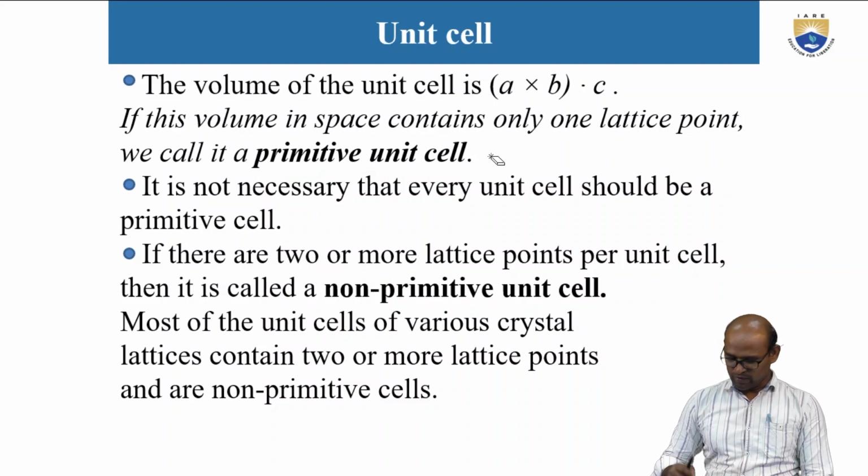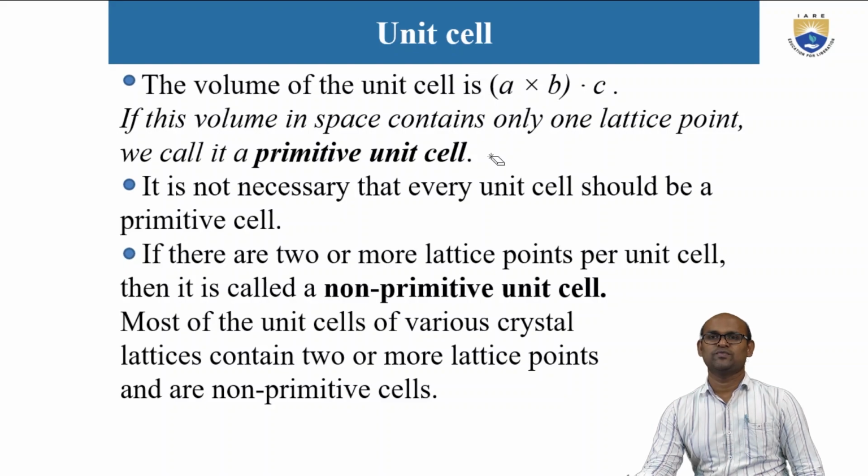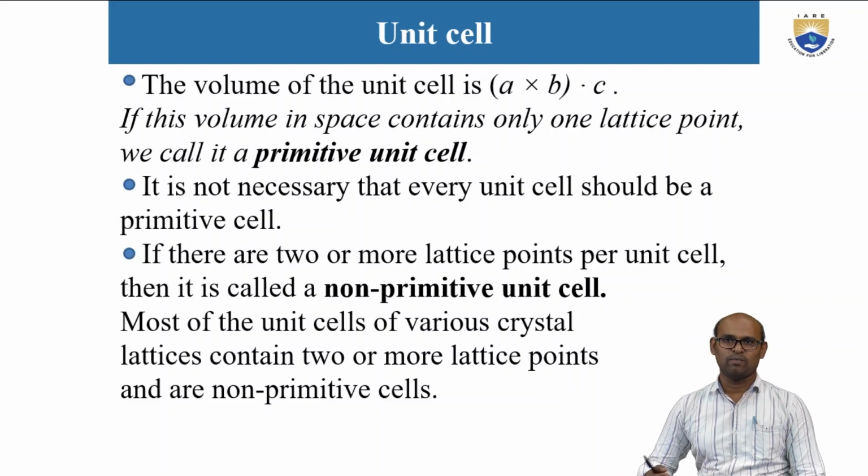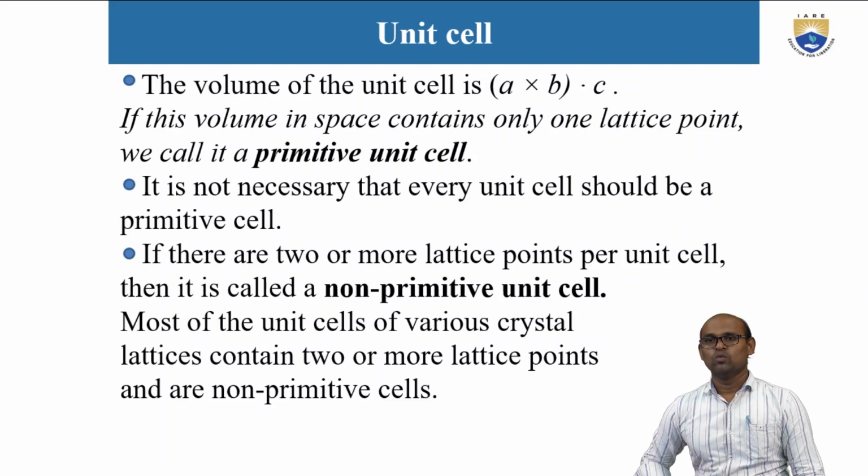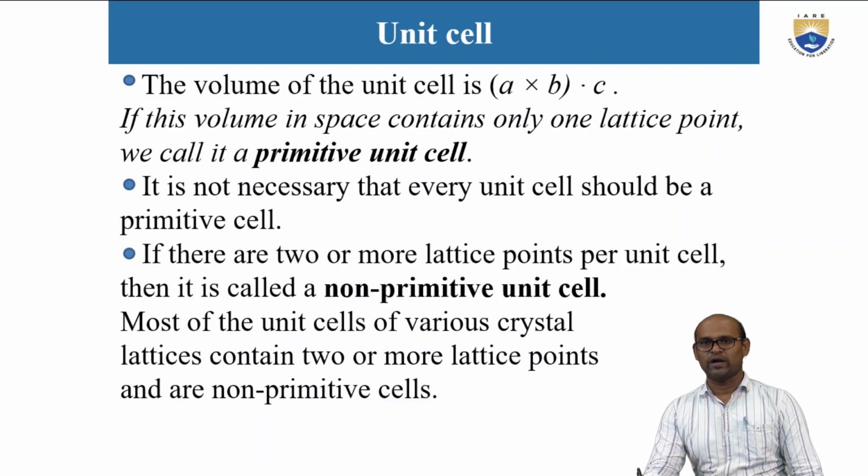Okay, so we have defined primitives as the translation vectors ABC, and then we have defined lattice parameters, which are nothing but axial lengths ABC as well as interaxial angles alpha, beta, gamma. Once we define these lattice parameters, then we said that if the volume of this unit cell contains only one lattice point, then we are going to call that unit cell as primitive unit cell.